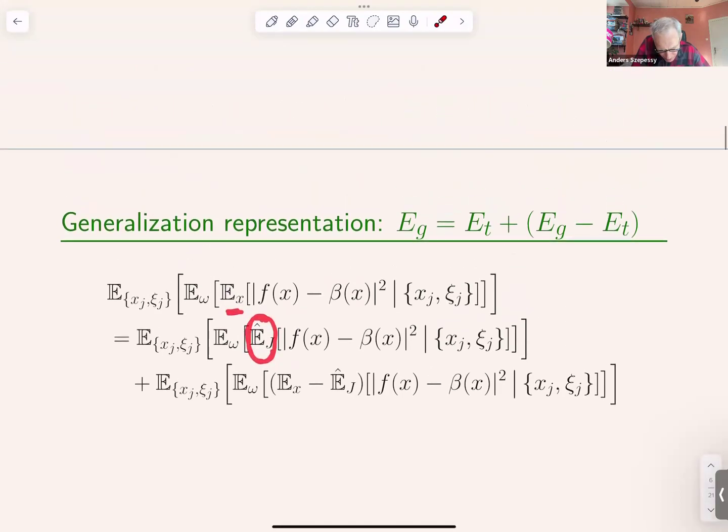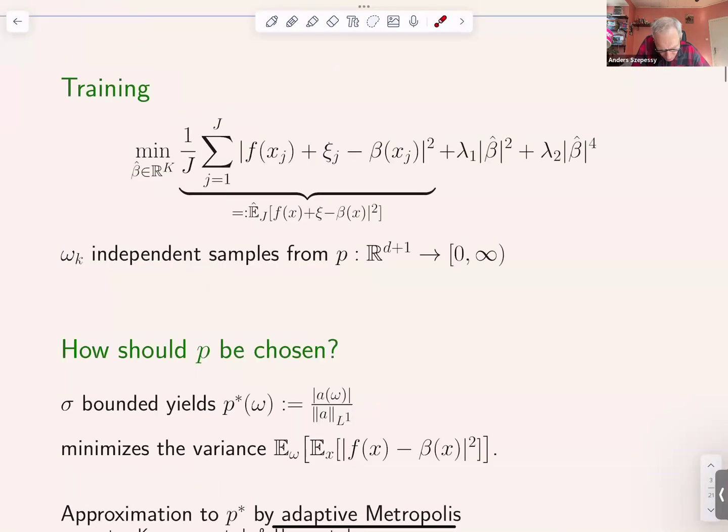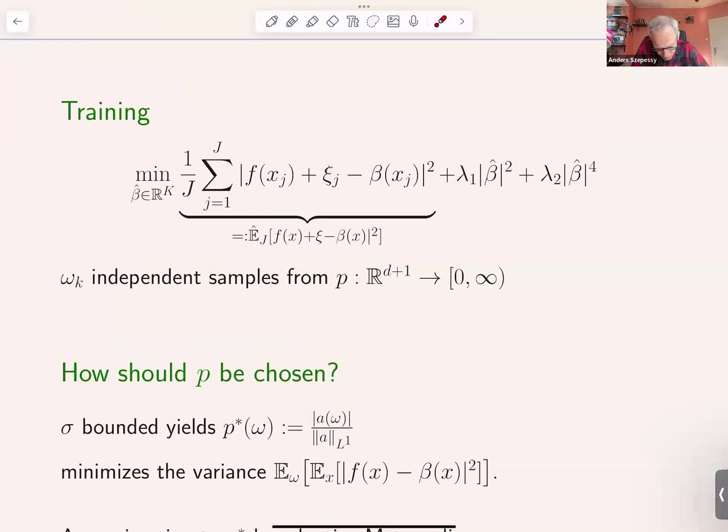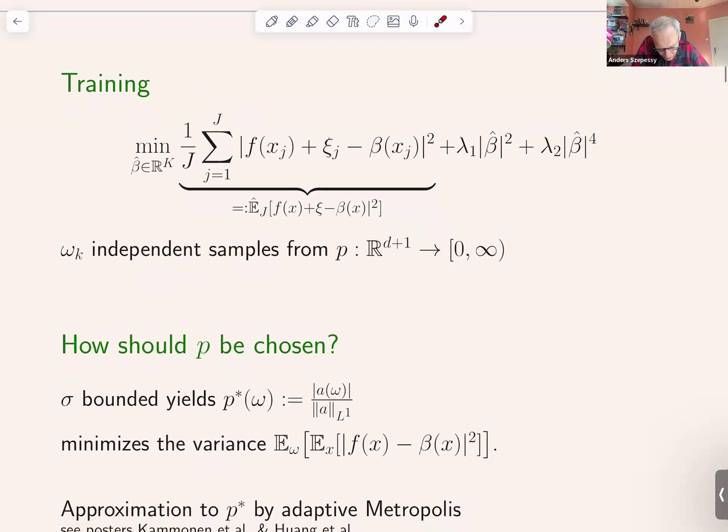mean here. The empirical mean, I go back to show you what that was. I forgot to say that precisely. So when we do the training, we form an empirical mean, and that I call E hat J. That is the empirical mean, summing over the loss here over the data points. This is something known.